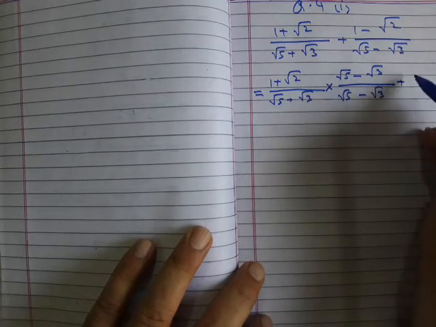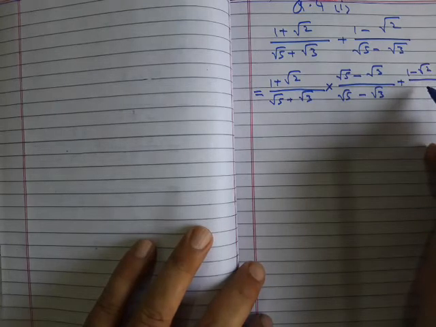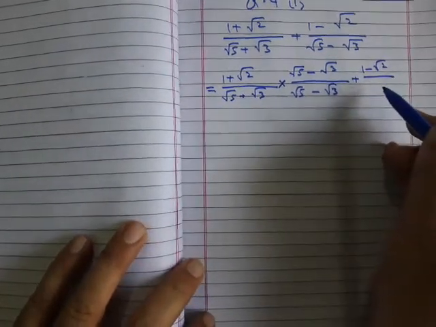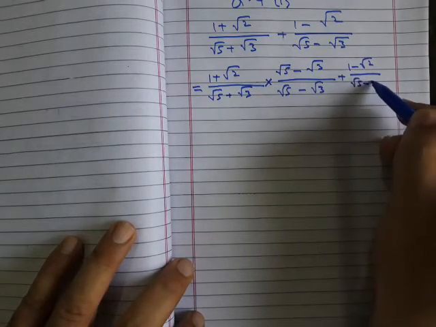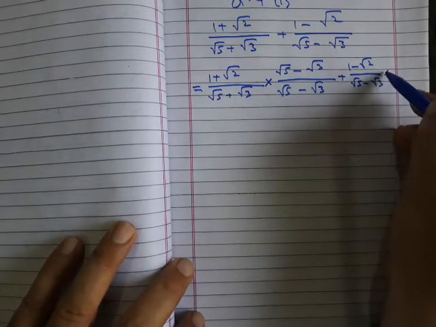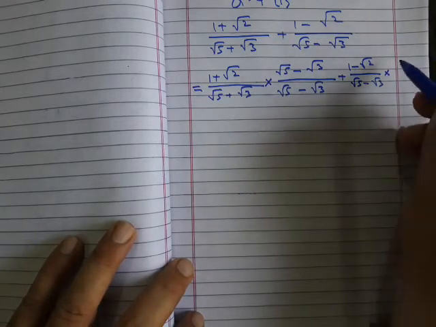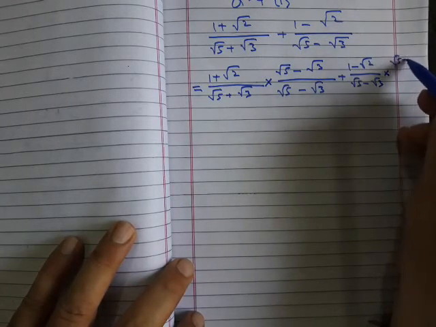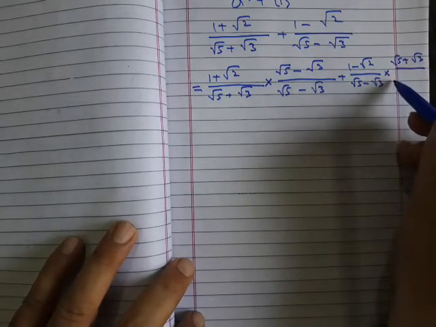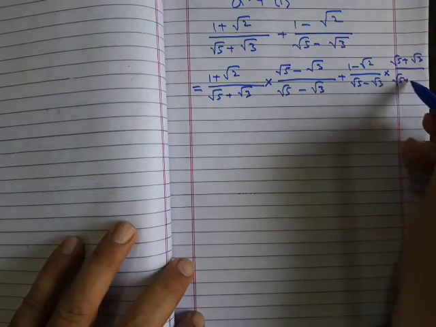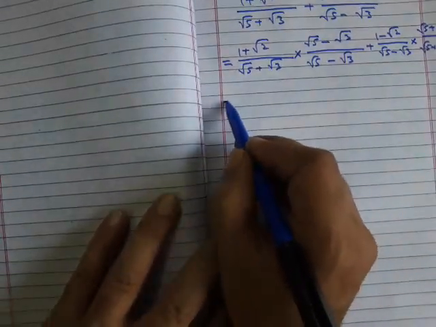Similarly, beta, 1 minus under root 2 over under root 5 minus under root 3, multiply and divide by the conjugate of under root 5 minus under root 3, that is under root 5 plus under root 3 over under root 5 plus under root 3. Now we have to simplify it.